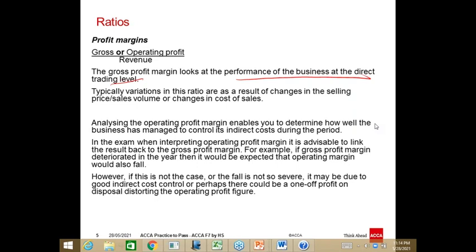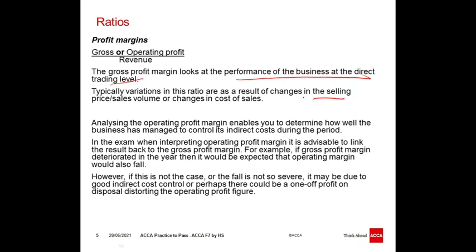So if the denominator increases, the ratio will decrease because they have an inverse relation. Now, typical variations in the ratios are a result of the change in the selling price. If the gross profit ratio is changing, the reason could be the selling price, volume, or changes in the cost of sales.